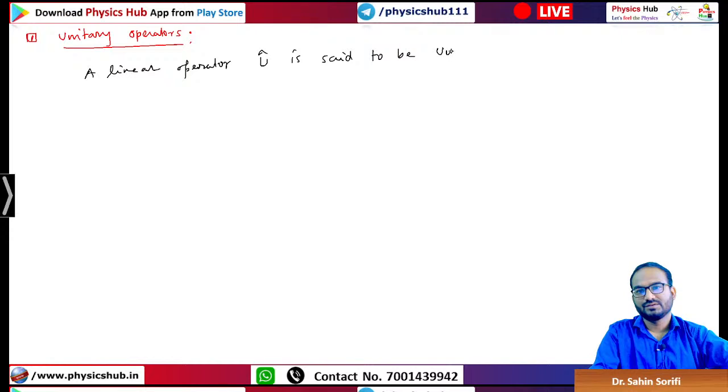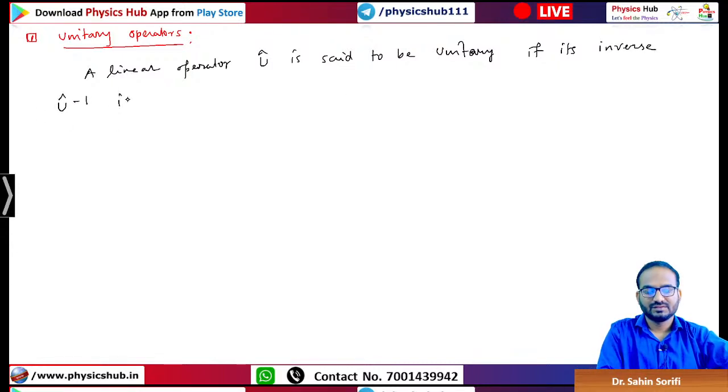So if you have a linear operator, let's say U, a linear operator U is said to be unitary if its inverse U inverse is equal to the adjoint U dagger. So U dagger is equal to U inverse.